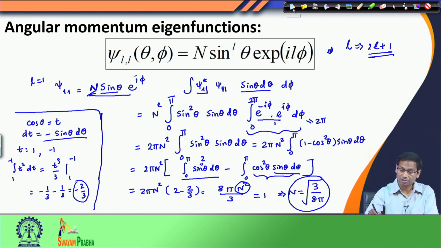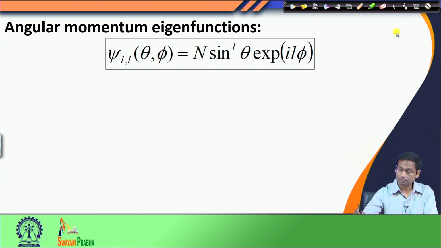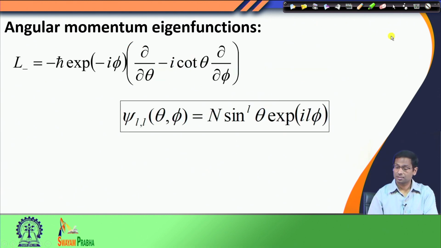The remaining functions we can obtain by using our knowledge about the step up and step down operators. What we have obtained already is psi LL, which is the uppermost eigenfunction. You remember we had this space quantization concept.